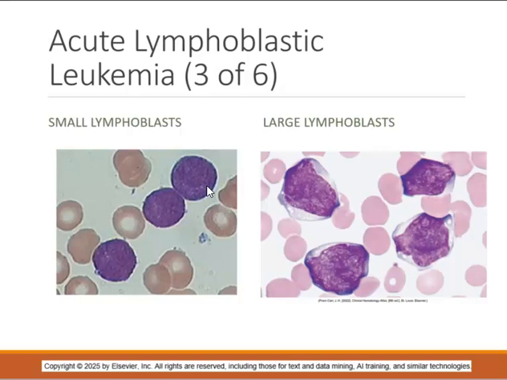We've got more of a fluffy type of chromatin. Definitely more cytoplasm, can still see nucleoli, but you can see how much bigger they are. The small ones have a very dense chromatin, while the large lymphoblasts have a more spread out, fluffy chromatin, more like a three-dimensional look to it.